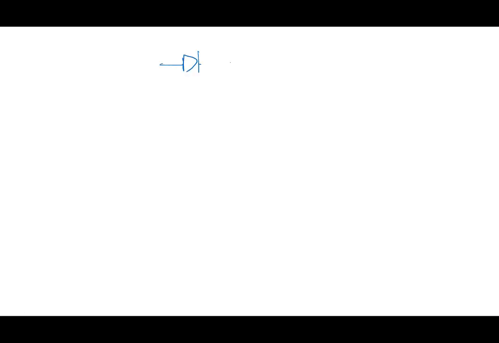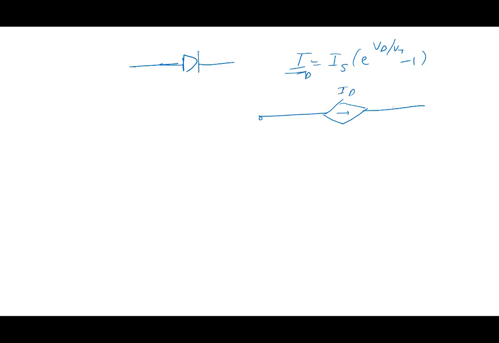So in forward bias, how should I look upon my diode? We said I should look upon my diode like this: I equals Is e to the power Vd by Vt minus 1. How else should I look upon it? If you would like, you could call it a voltage dependent current source, a current Id which depends on the voltage across it. We could represent it by this.